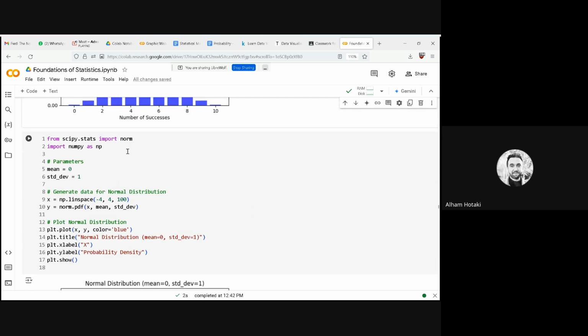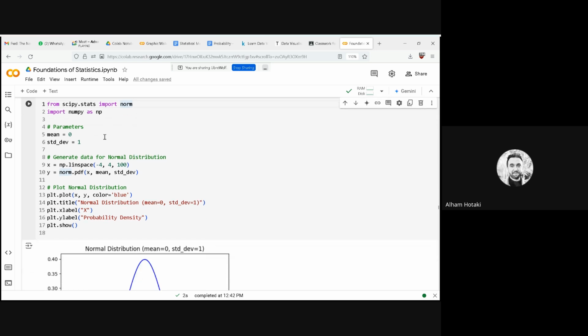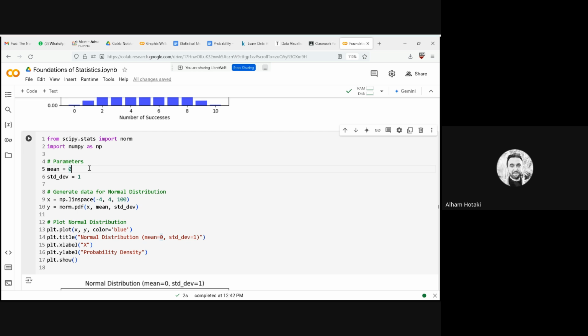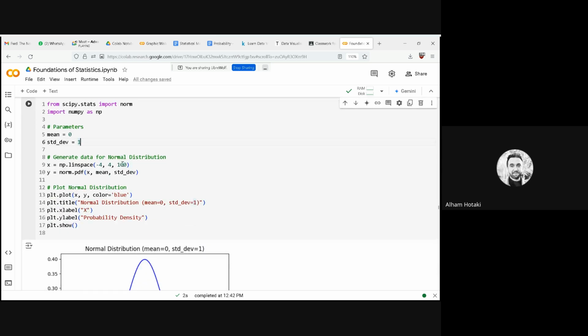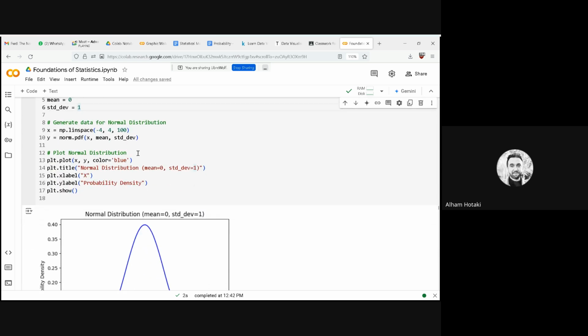But if we have, again from the SciPy stats library, norm, which is the normal distribution formula, there we don't have independent events, we have continuous events, but we have the mean, which is very important, and we have the standard deviation. It's the dispersion of data around the mean. So this is how you can understand that. Now let's generate data, for example.